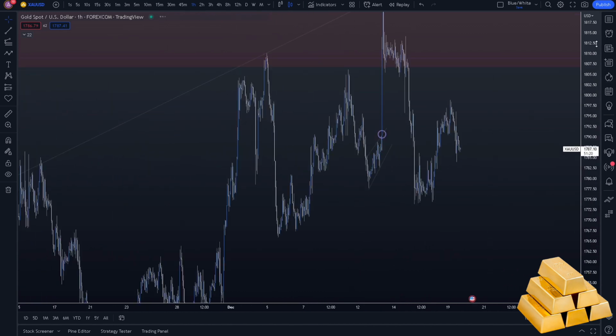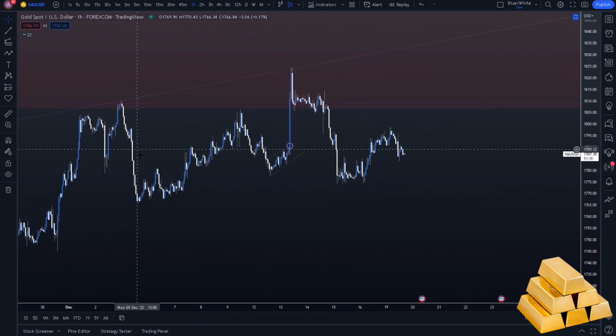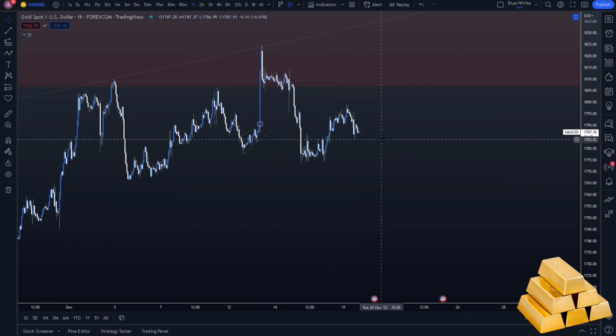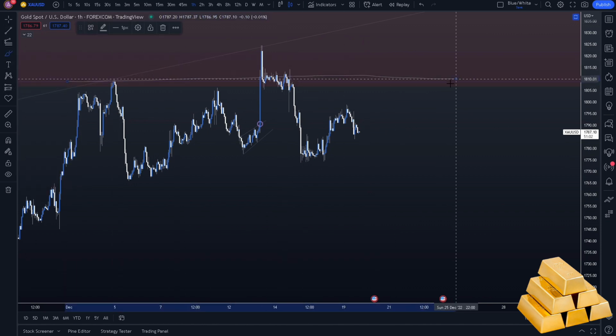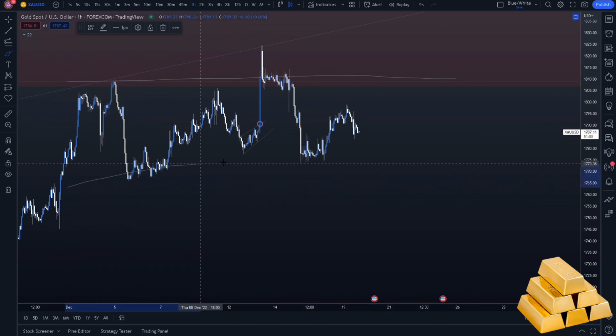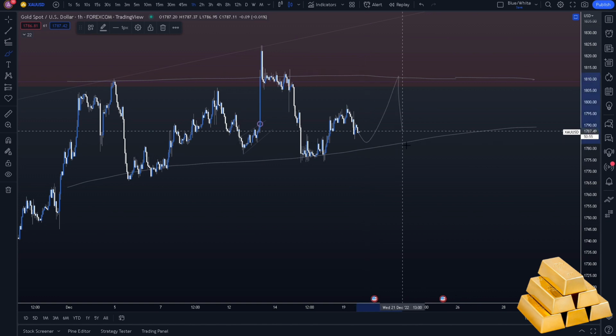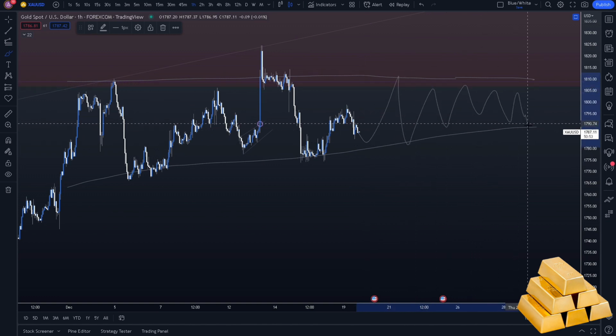So that is kind of how to decipher gold's price action, where now we're just inside of this more short-term range, and we might be coming to an apex here. We have the top right here, and then this wedge forming, something like this, and we can probably break out to the top side or to the bottom here.